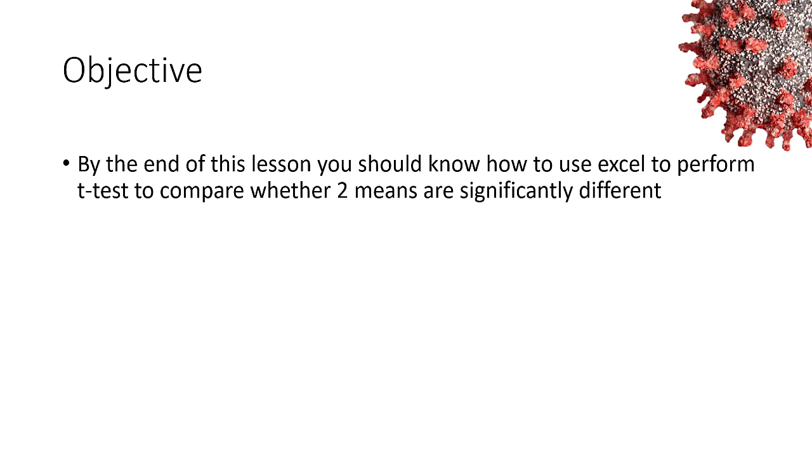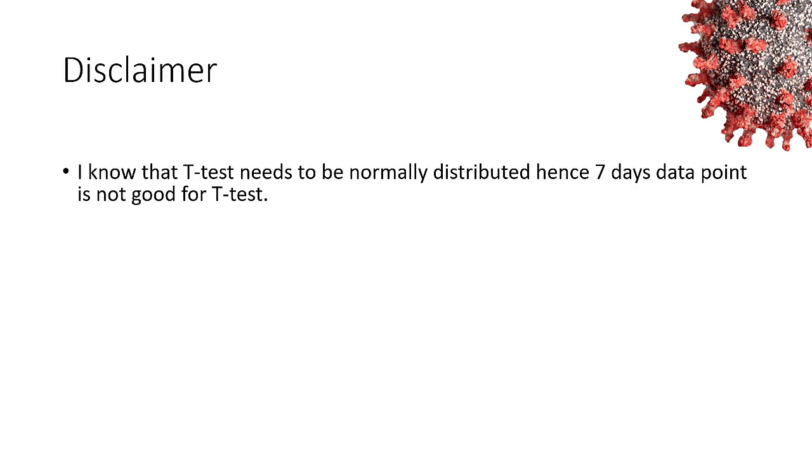The objective of this video is for you to learn how to use Excel to perform t-tests to compare whether two means are significantly different. But some disclaimers first. Because Minister Gan was using week by week data, we only have 7 data points, so it's not exactly good for t-tests. But the focus here is on the skill of using Excel, so let us ignore whether the t-test is actually a suitable statistical test for this scenario.